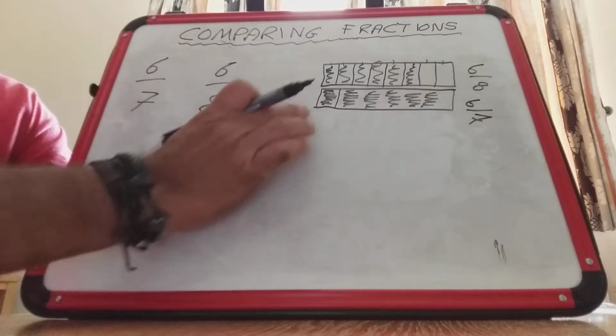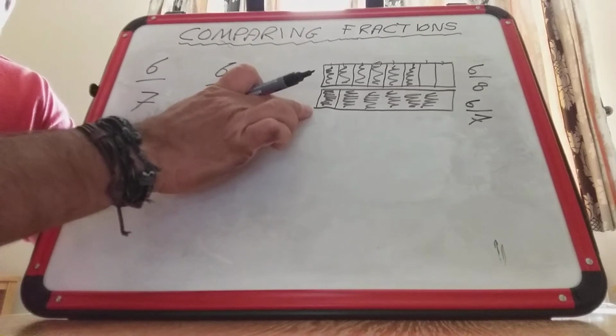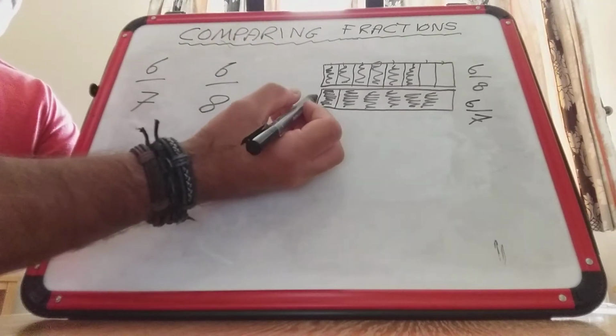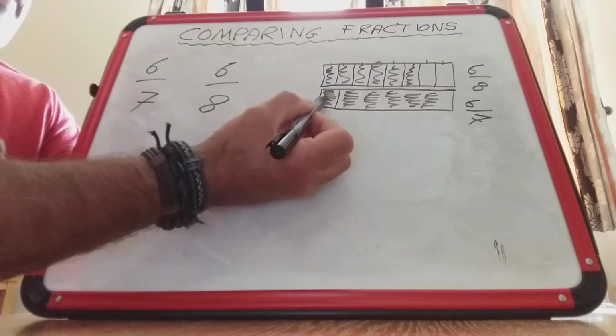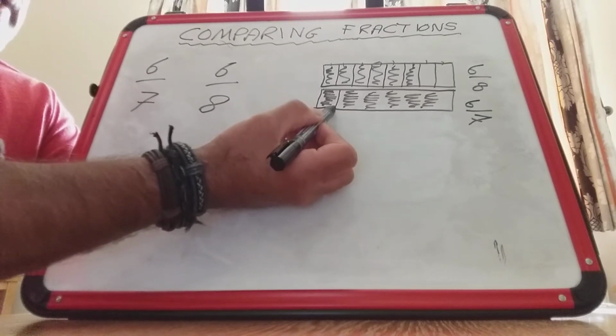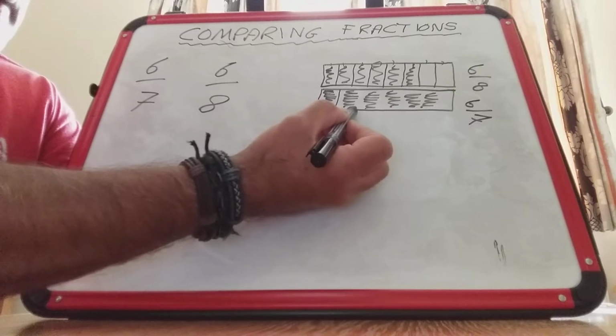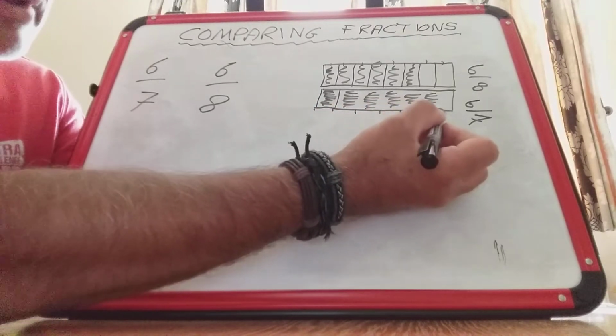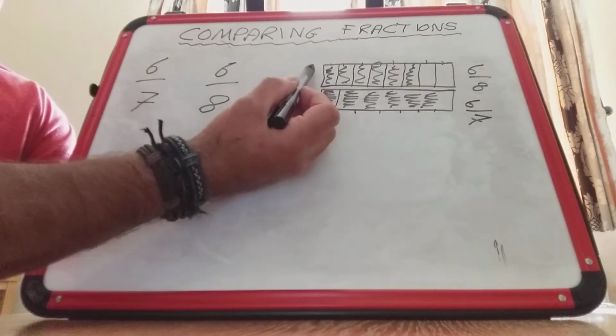Let's just go back a couple of minutes to explain how we know. The reason we know is because when we divide something into 7, each piece is going to be bigger than if we divide it up into 8.